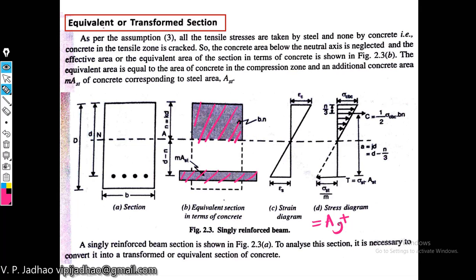Let us consider A equivalent, this will be equal to AG plus (m minus 1) into area of steel. This is the equation for calculating the value of A equivalent. So we can write this equation of A equivalent like this also.